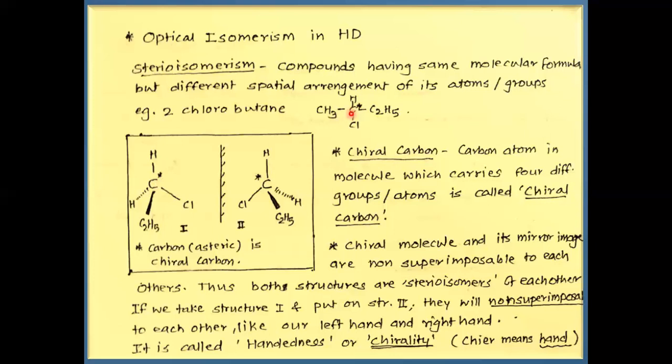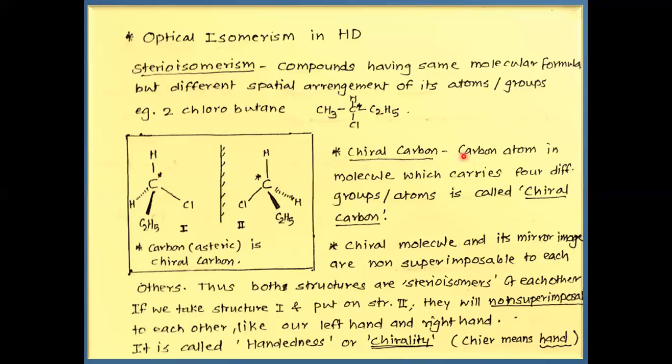Look here, all 4 valencies of this carbon are bonded with different atoms or groups of atoms, and all these are monovalent: hydrogen, methyl, chlorine, ethyl. Not a single atom or group is identical. These are all non-identical atoms or groups of atoms.